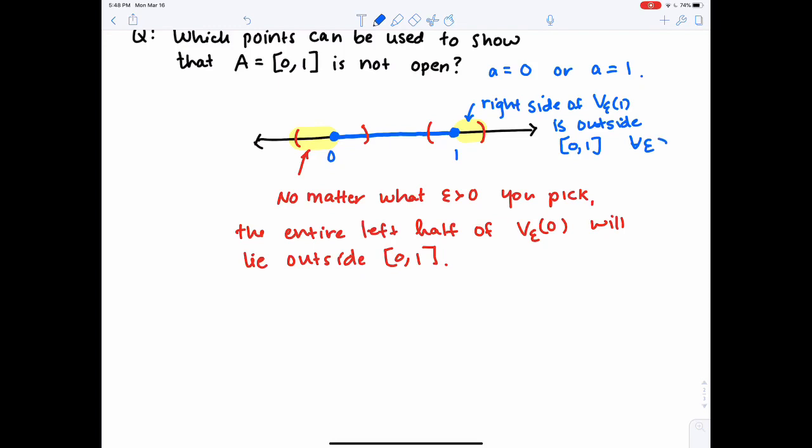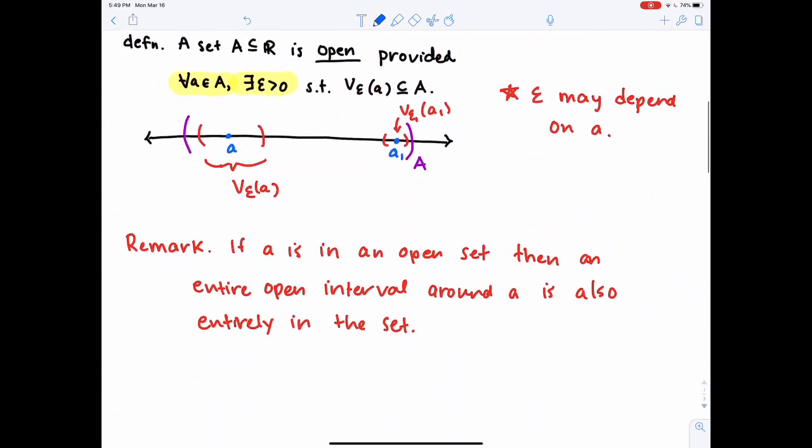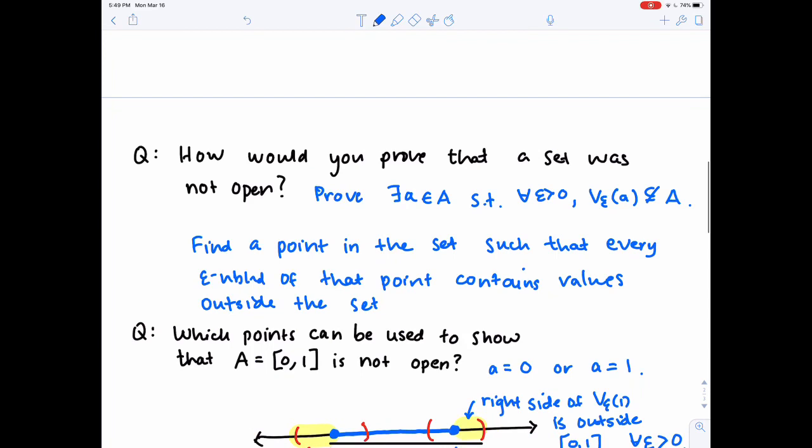It's very important: this isn't just for one epsilon, this is for all epsilons. If I wanted to write a rigorous proof for this, then I would be proving this precise negated statement up here.